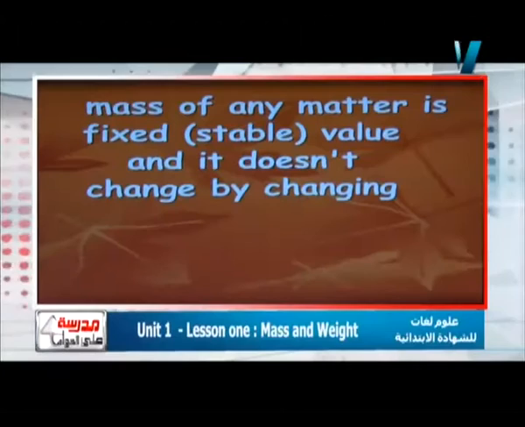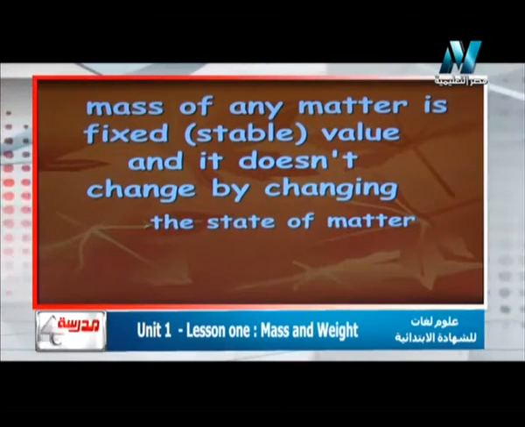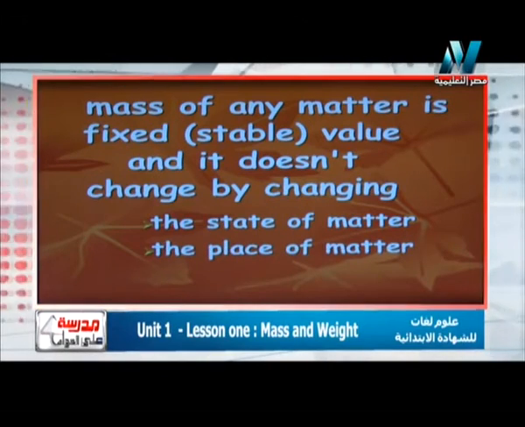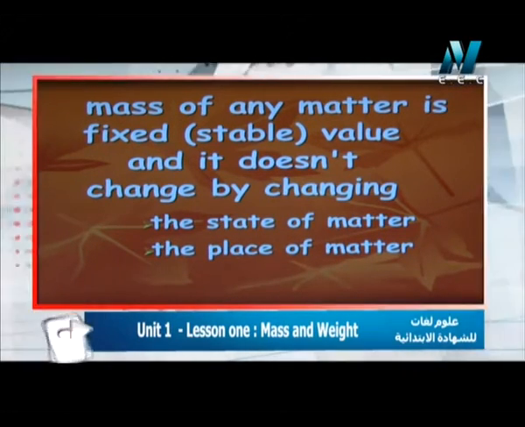Okay, another property of mass. Mass of any matter is a fixed or stable value. I can say that mass is a fixed or stable value, and it doesn't change by changing what? The state of matter or the place of matter. In this property we collect the third and the fourth property.